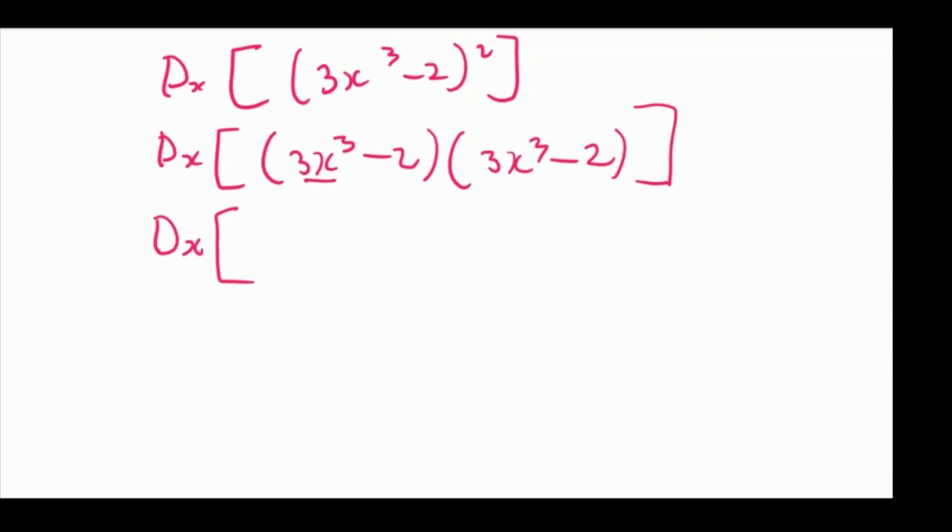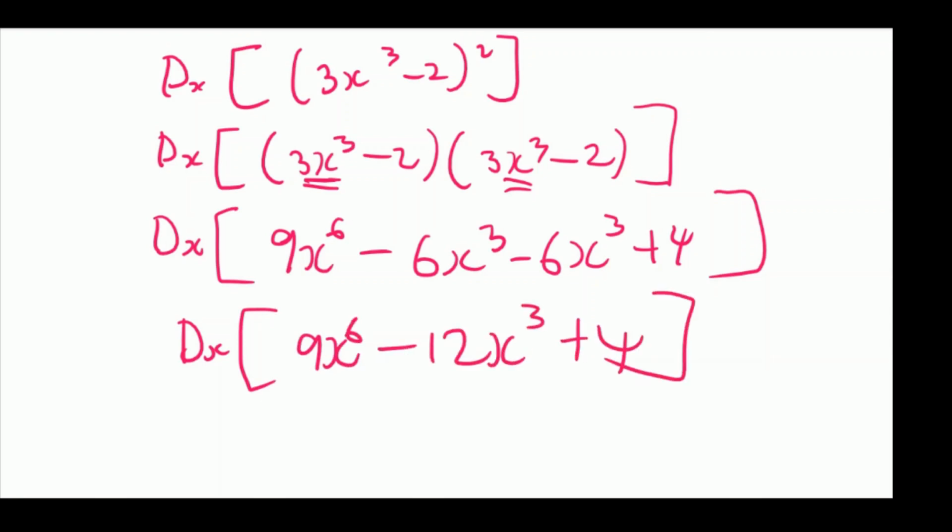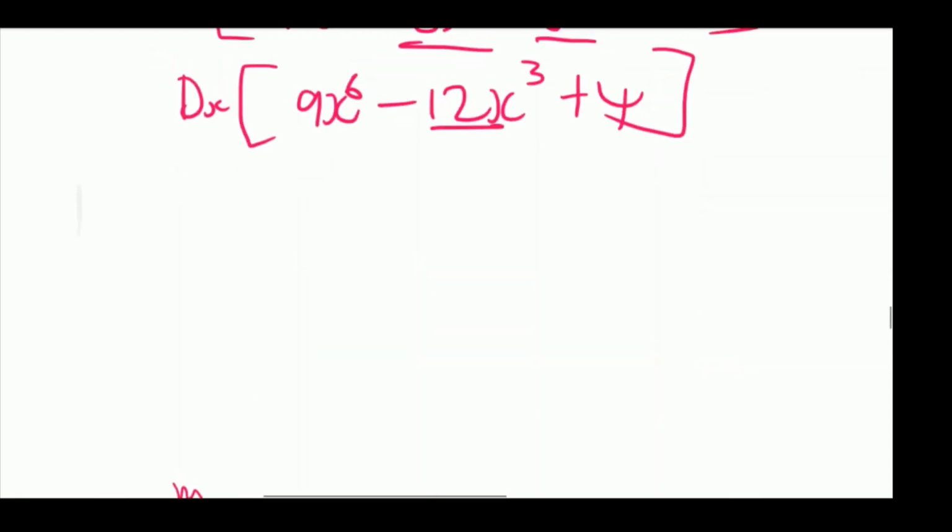So it's going to be this multiplied by that. It's going to be 9x to the power of 6, minus 6x cubed, minus 6x cubed, plus 4. So the derivative of 9x to the power of 6 minus 12x to the power of 3 plus 4. Adding these products here gives you this. Then now you can find the derivative of this problem here.